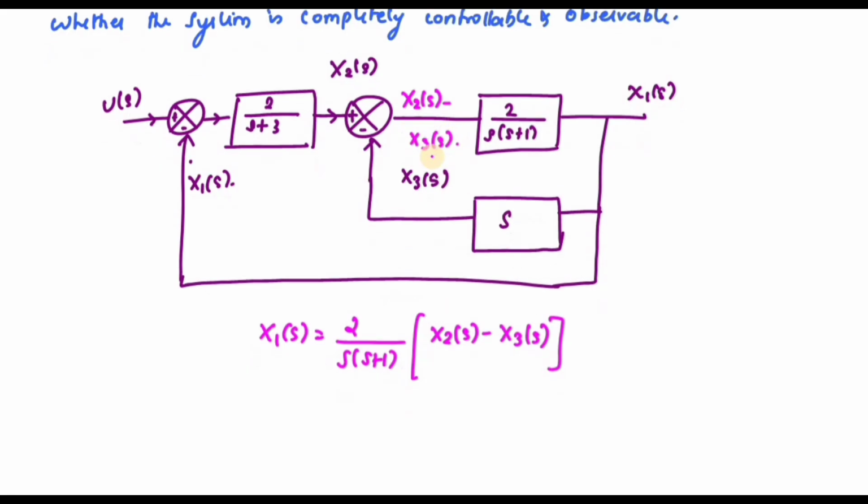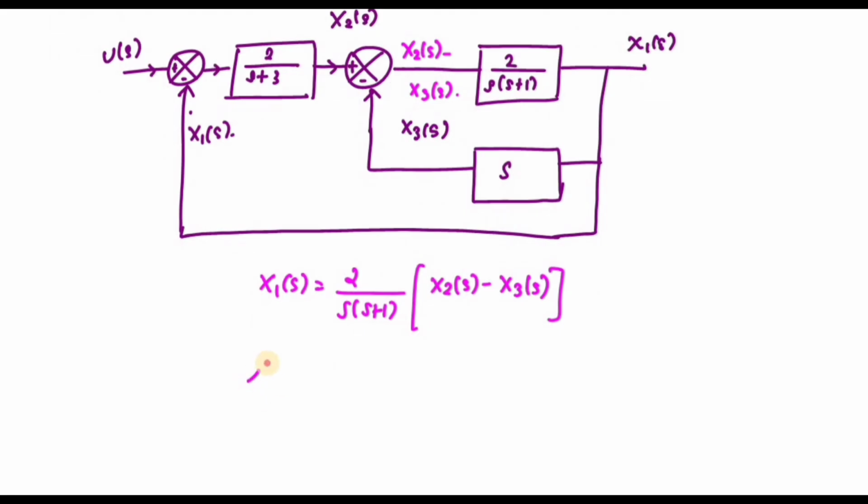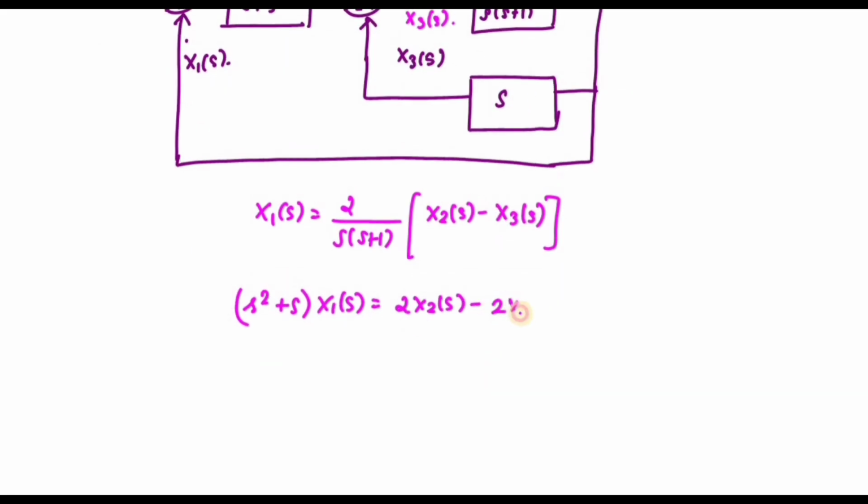So I can write this as (s square plus s) into X1(s) equals 2 into X2(s) minus 2 into X3(s). So s square X1(s) plus s X1(s) is equal to 2X2(s) minus 2X3(s).